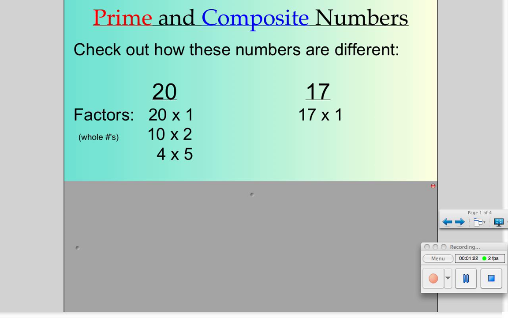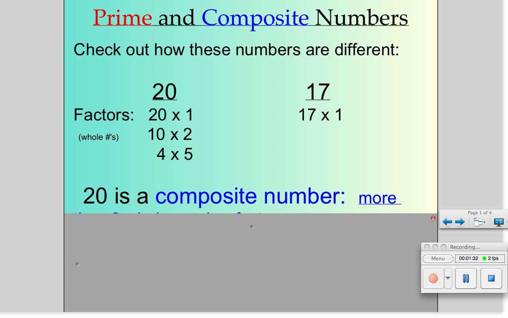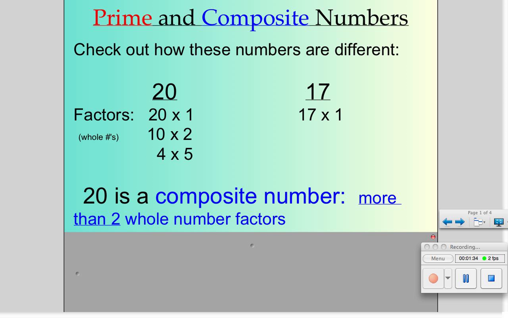It's 17 times 1. Well, this is the big difference between prime and composite numbers. This is important to note. Because 20 has more than 2 factors, we say that it's a composite number. It's composed of more than 2 factors. You can all understand this.